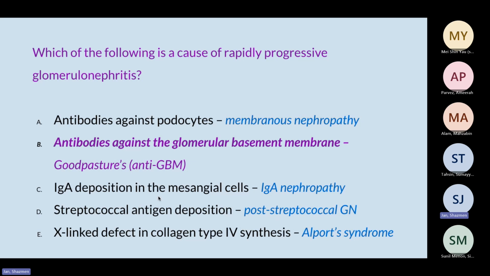But when there are antibodies against the glomerular basement membrane, then you have type 1 RPGN. I think there might be something wrong with this question actually, because we know that IgA nephropathy and post-streptococcal glomerulonephritis can also cause RPGN, type 2 RPGN. So I'll have a look at that. We can definitely cross out this one though, because it's an inherited disorder.